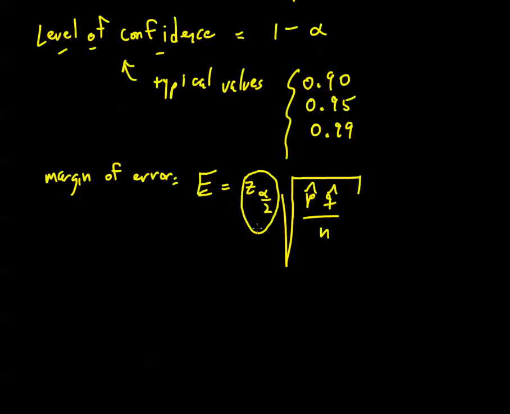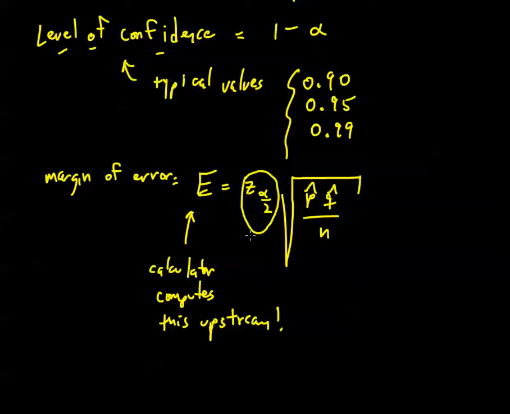The calculator will compute this value of E upstream in calculations, as we'll see. But I do want to give us the formula here, and note that the value of E does in fact depend on a z-score.